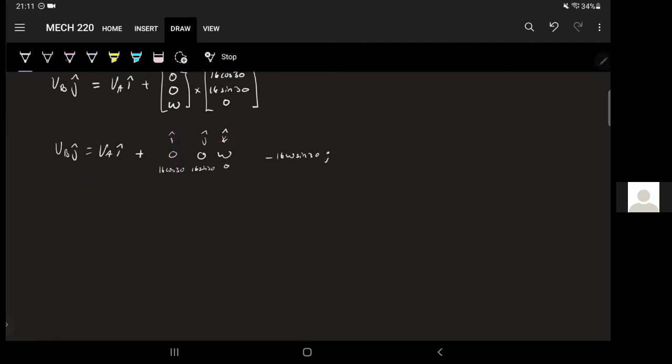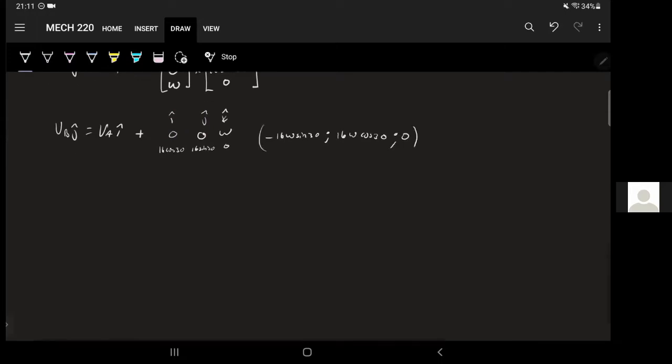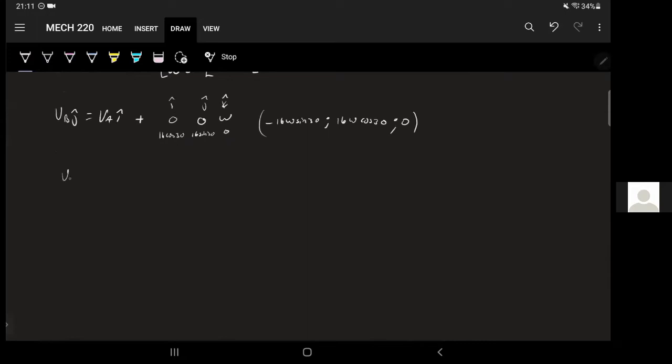And you do the other one. Well, that gives us a 16 omega cos 30. Then you do the other one. That's just 0, right? And so basically, we get the equation VB j equals VA minus 16 omega sine 30 i plus 16 omega cos 30 j.